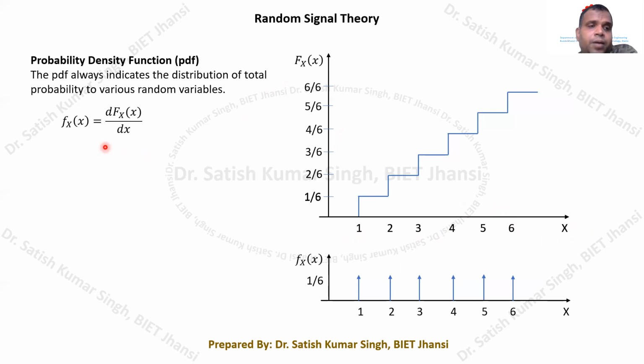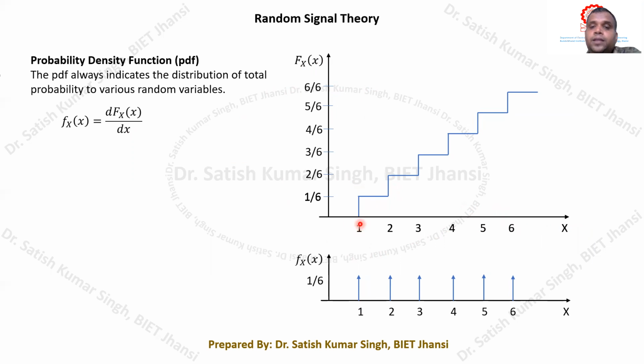When we perform the differentiation of this F_X(x), whenever there is a spike at a point, we are going to get a delta function. At 1 we get a delta function, then again at 2 we get a delta function, and whatever be the height of the step, the same height will come for the delta function. You remember that.